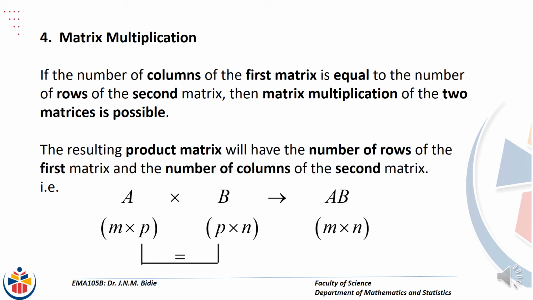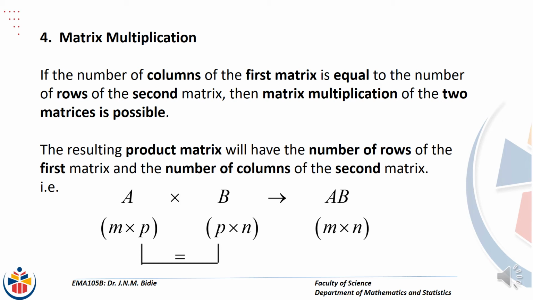The first one given to us is that the number of columns in the first matrix must be equal to the number of rows in the second matrix. And before you can even start the multiplication process, that condition has to be met.